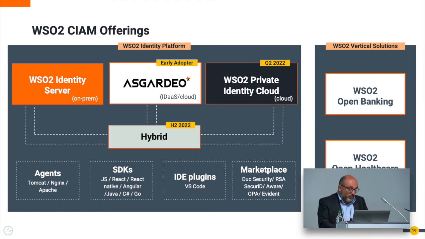And the same with agents: we are going to provide agents for the main containers in the market, for Tomcat, Apache, and Nginx, to have an automated plugin for handling the authentication process.